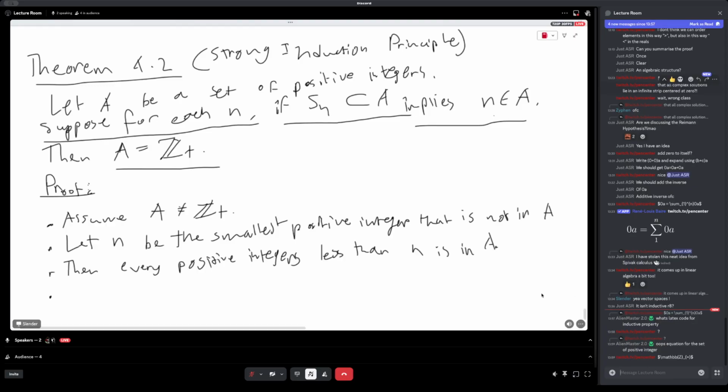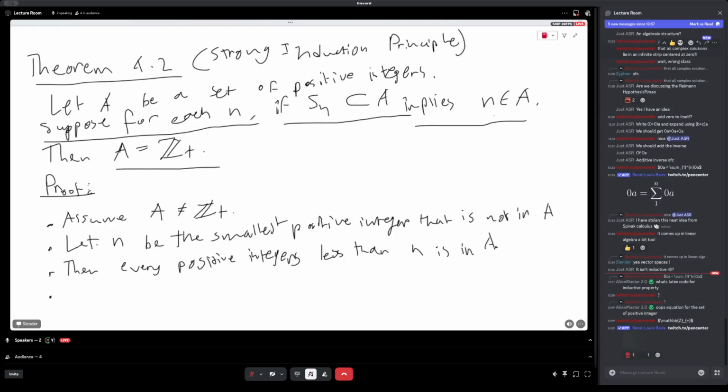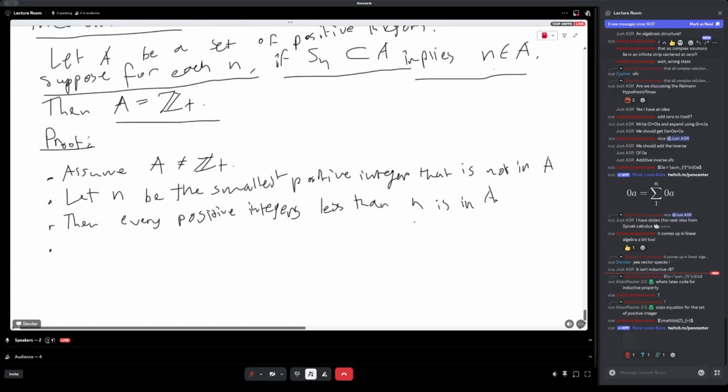So we assumed A is not equal to the set of positive integers, but then we stumbled upon a contradiction here, because every positive integer less than n is in A.